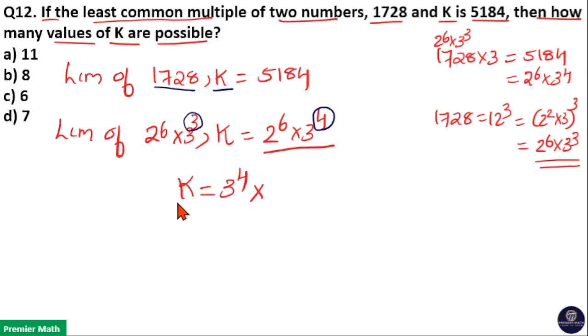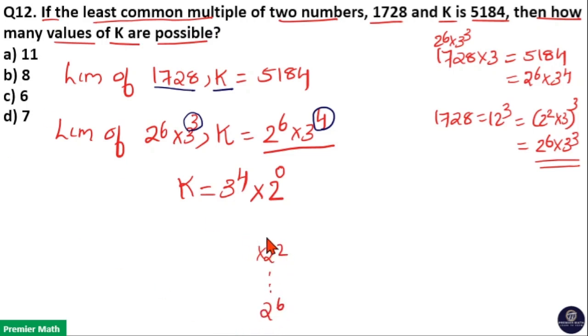And the other factor of k can be 2. That is, the power of 2 in k can be either 0 or a maximum of up to 6. That is, the factor of 2 in k can be 2 raised to 0 or 2 raised to 1 or 2 raised to 2, etc., up to 2 raised to 6.